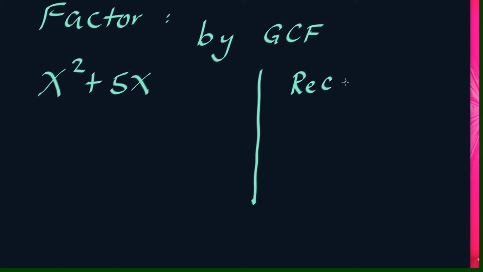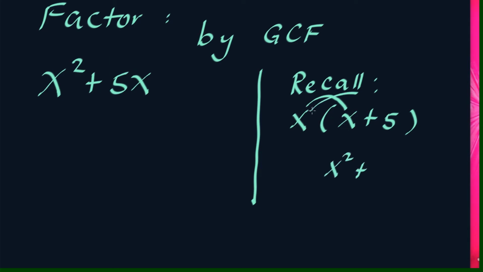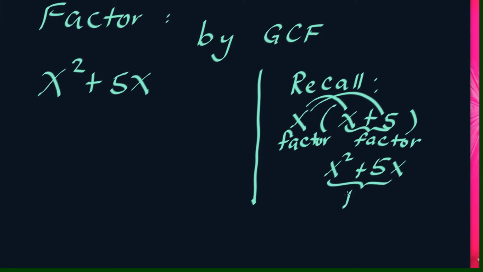Now recall in multiplication of polynomials, let's say you're asked to multiply x times x plus 5. In multiplication, what we do is distribute this x to x and 5. So the first one is x times x, which is x squared. And then we multiply this x by 5, so that gives you 5x. Right? So x is a factor. Now x plus 5 is also a factor. So when you multiply those two factors, we get this product over here.